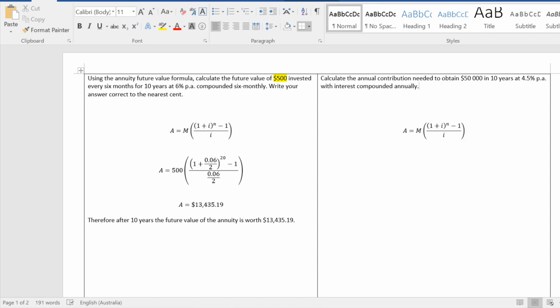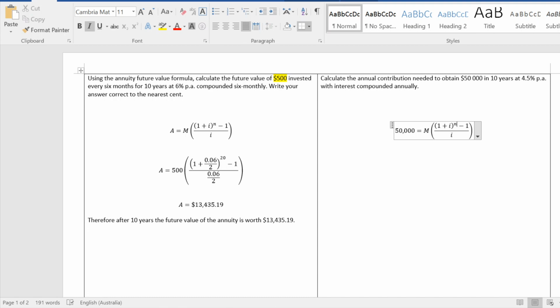Now, the second one here, calculate the annual contribution needed to obtain $50,000 in 10 years. Now, straight away, we're still doing a future value because we want to know how we get to $50,000. But in this case, we know that A is equal to 50,000, in 10 years at 4.5% per annum with interest compounding annually.